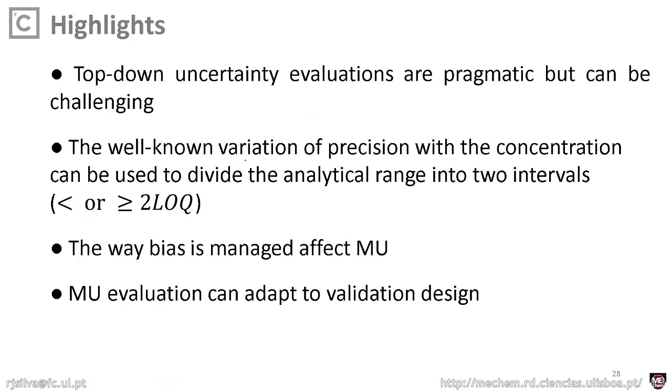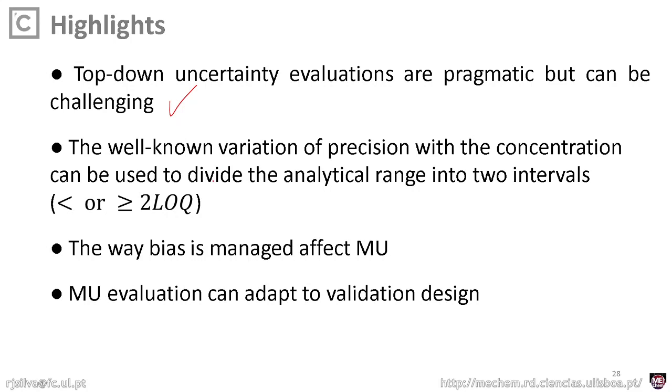Let me close this presentation with some highlights. So top-down uncertainty evaluations are pragmatic, but can be rather challenging. Since we know how precision varies with the concentration or measured quantity, we can use that information to develop models of how precision varies with the concentration.